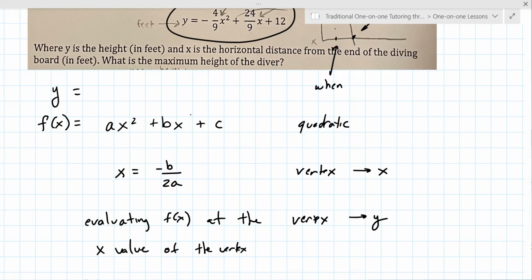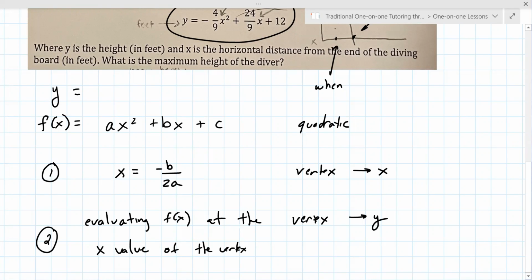Wait, I'm sorry. It cut out. What do you put in for the function? Whatever the x value of your vertex is. So this first thing that they could ask you for gives you the x value of the vertex always. Down here at number 2, you take whatever this value is and you put it in for x. Okay.